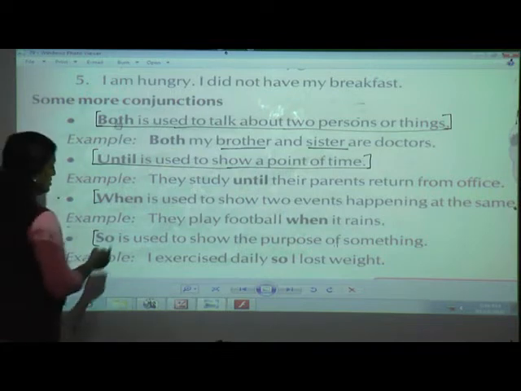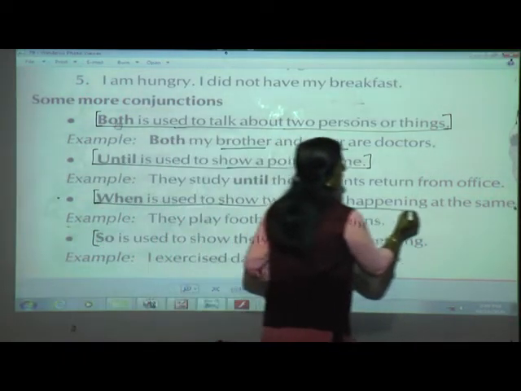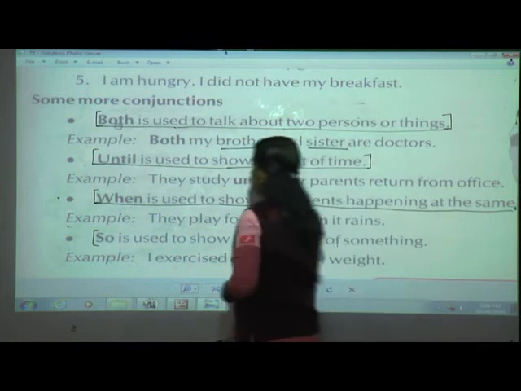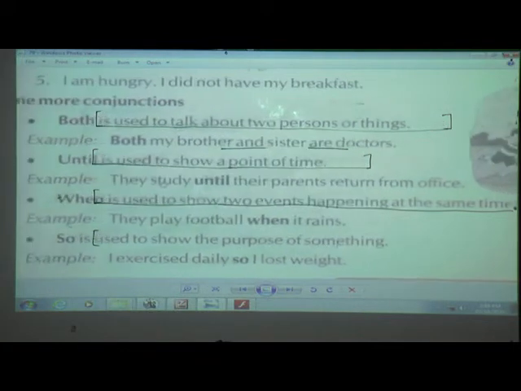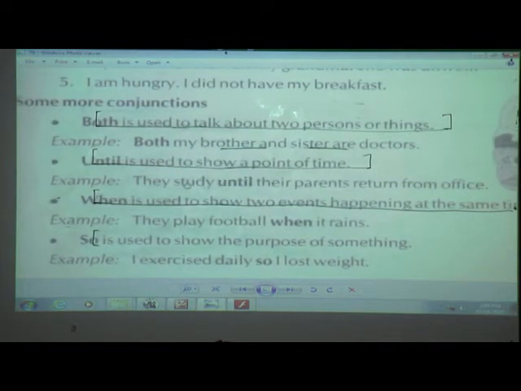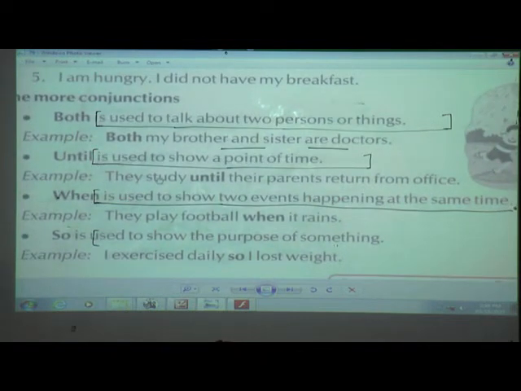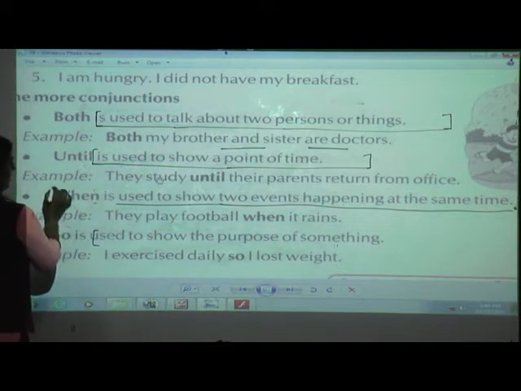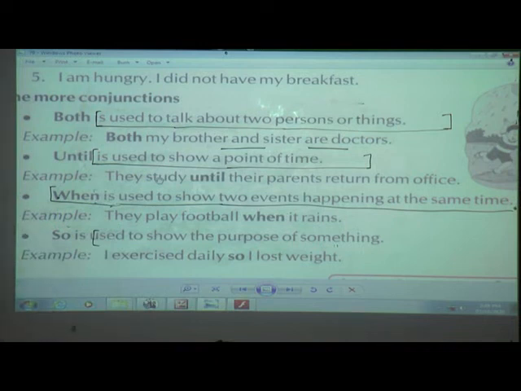Third, when. When is used to show two events happening at the same time. You will see here it is there, you can see. So when is used to show two events happening at the same time.